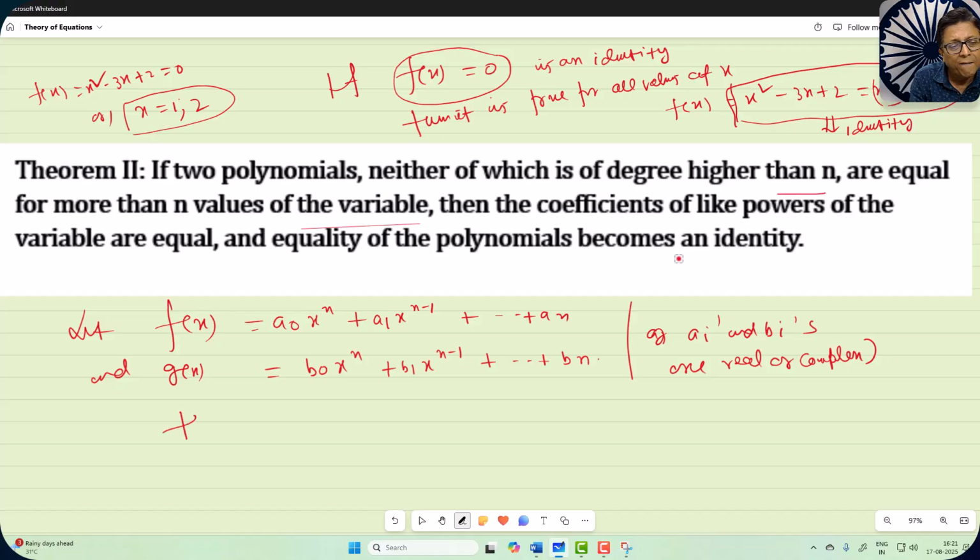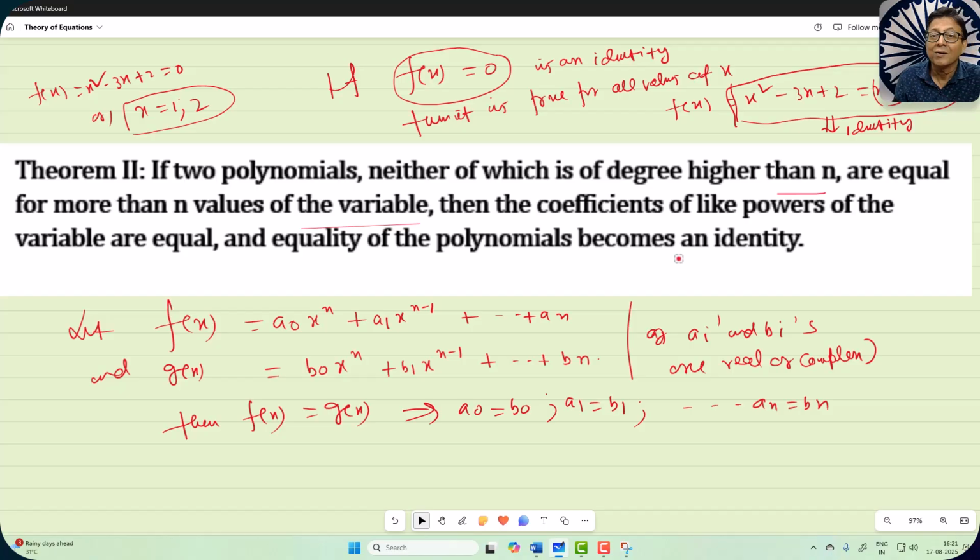Then f(x) = g(x) ensures that a0 = b0, a1 = b1, ..., an = bn. Why? Under what condition?